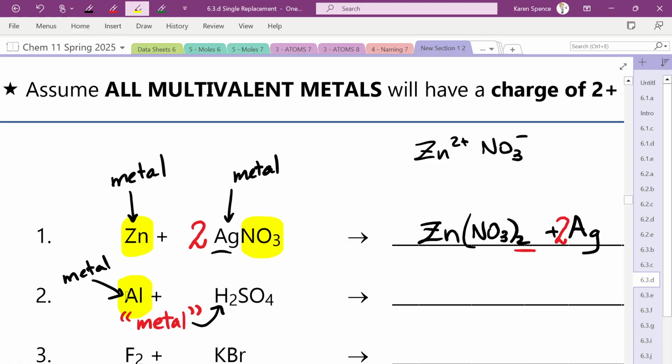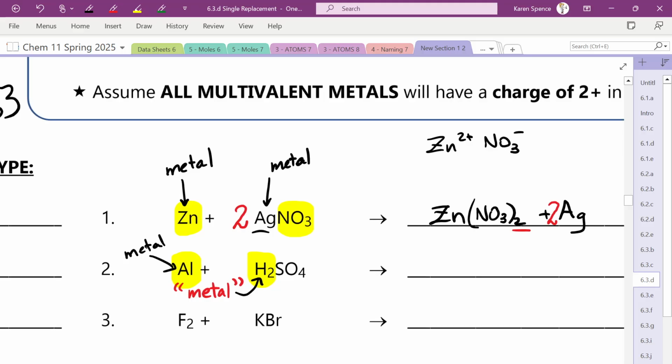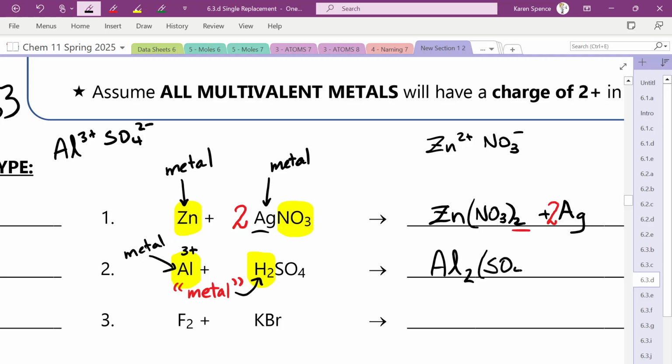So aluminum is going to take the place of hydrogen. Aluminum is 3+, sulfate is 2-. So we need to have 2 aluminums to give us 6+, and we need to have 3 SO4s to give us 6-.